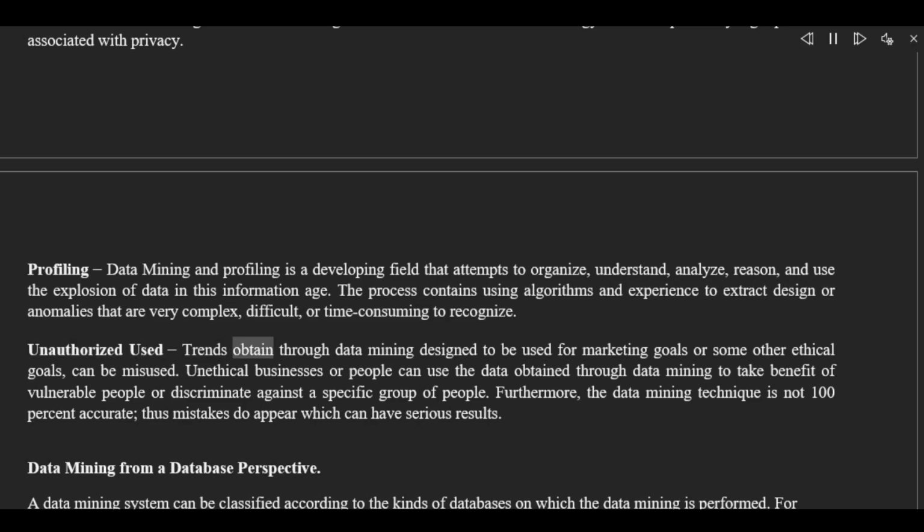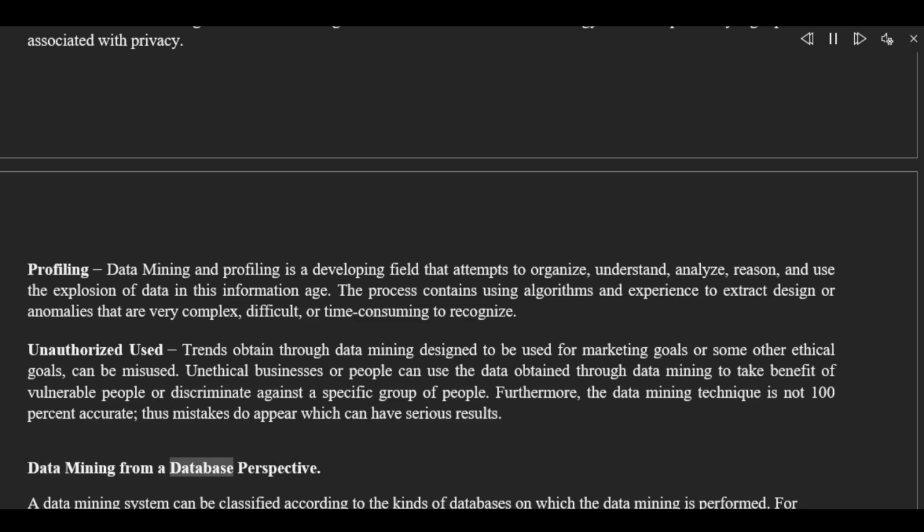Unauthorized use of trends obtained through data mining, designed to be used for marketing goals or some other ethical goals, can be misused. Unethical businesses or people can use the data obtained through data mining to take advantage of vulnerable people or discriminate against a specific group of people. Furthermore, the data mining technique is not 100% accurate, thus mistakes do appear which can have serious results.